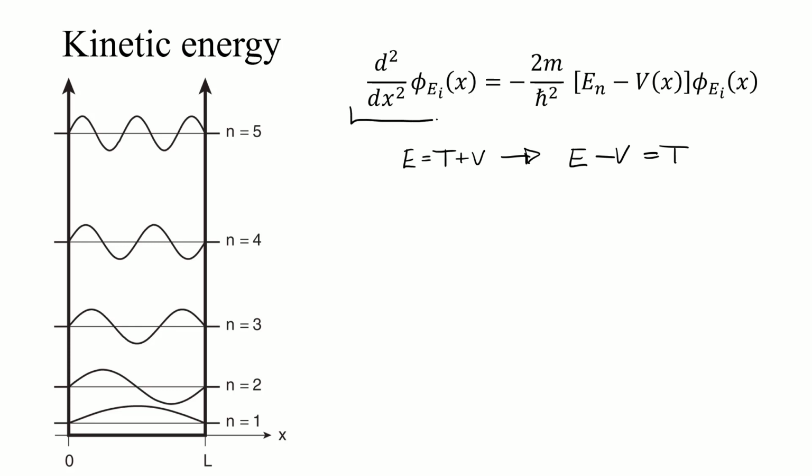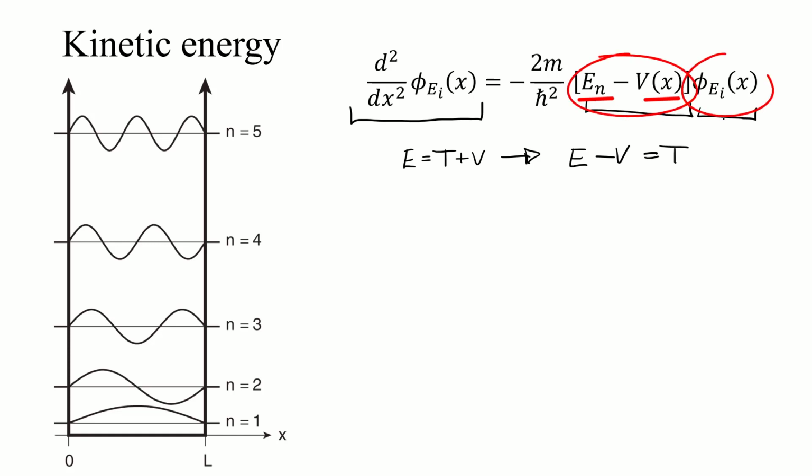So what we see here is the curvature of our wave function is related to the kinetic energy of our system. We can see this in the graphical solutions in the well. If our wave function has a positive value, inside the well, I should say, this energy is larger than the potential, so this is going to be a positive number.